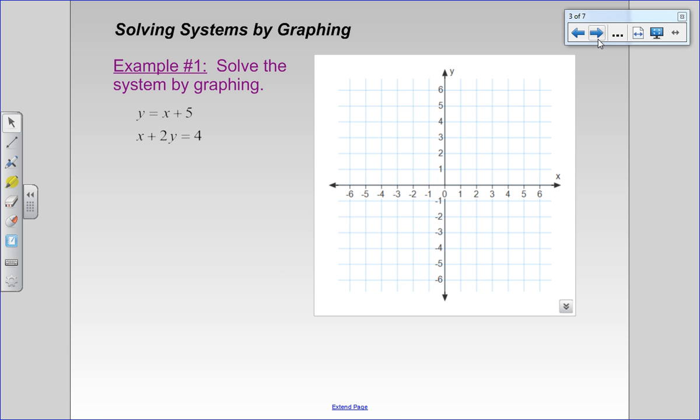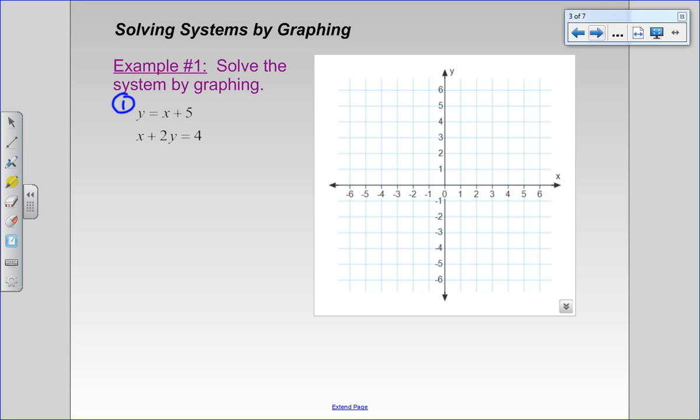Now let's look at an example in which we solve the system by graphing the lines first and identifying that point of intersection. The first equation in our system, which we'll graph in blue, is y equals x plus 5. We could graph this equation by making a table of x and y values, or we could notice that the equation is written in slope-intercept form, y equals mx plus b.